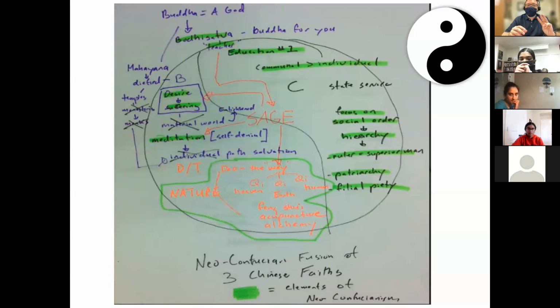And there's an attempt in the Song dynasty, late Tang, early Song, to fuse them together to create one belief versus three, but to make them kind of balanced. Now, the title itself is not balanced because it's New Confucianism. It's not New Taoism. But what the Confucians, who are always in control, do is they integrate some aspects of Buddhism and some aspects of Taoism to bring that unity together.